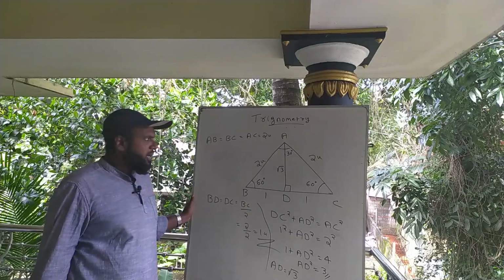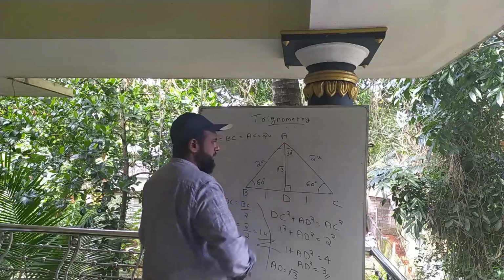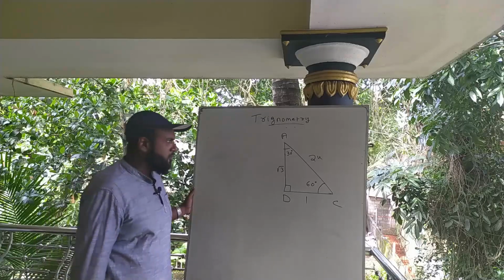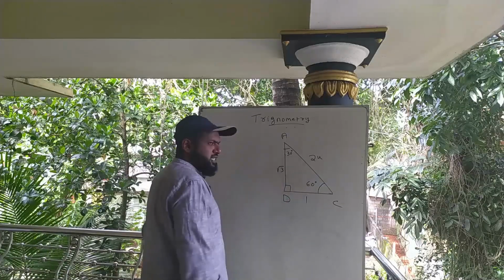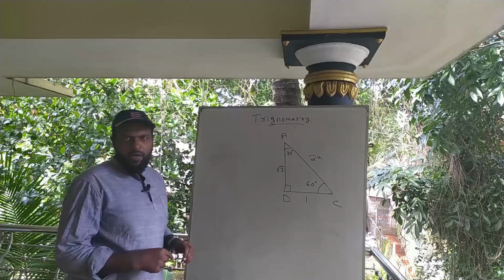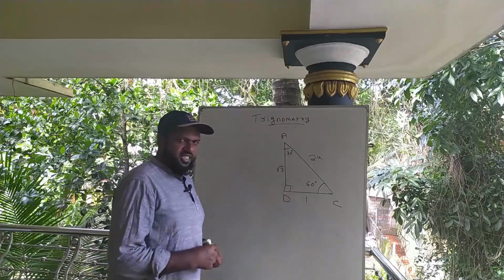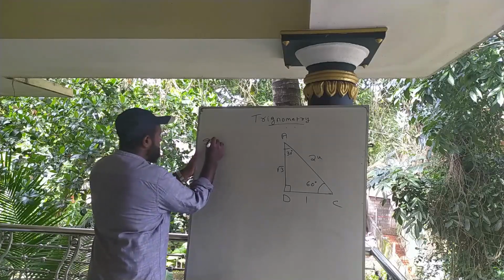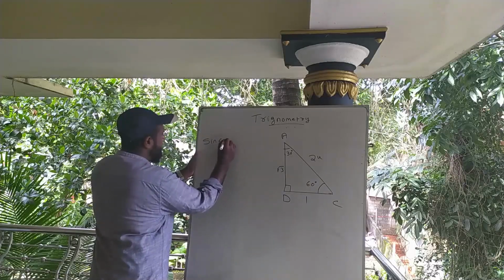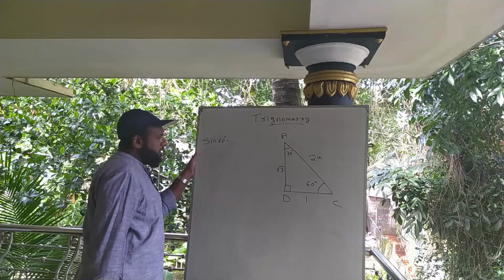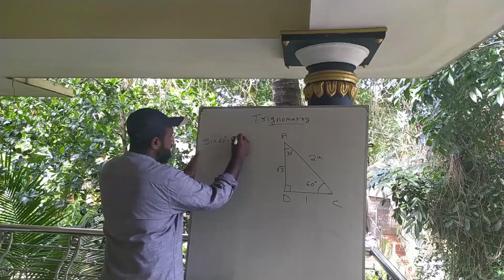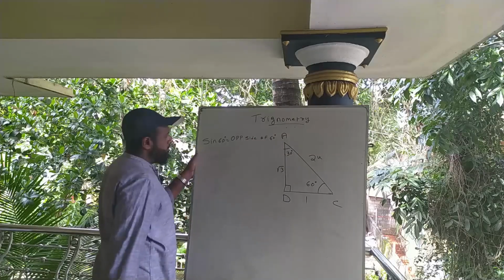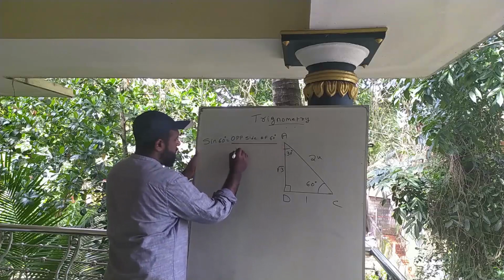We can consider the triangle ADC. Here, by using this triangle, we can find all trigonometric functions of 30 and 60. First of all, we can find the trigonometric functions of 60. First of all, we can find what is sine 60. Sine 60 is opposite side of 60 degree by hypotenuse.